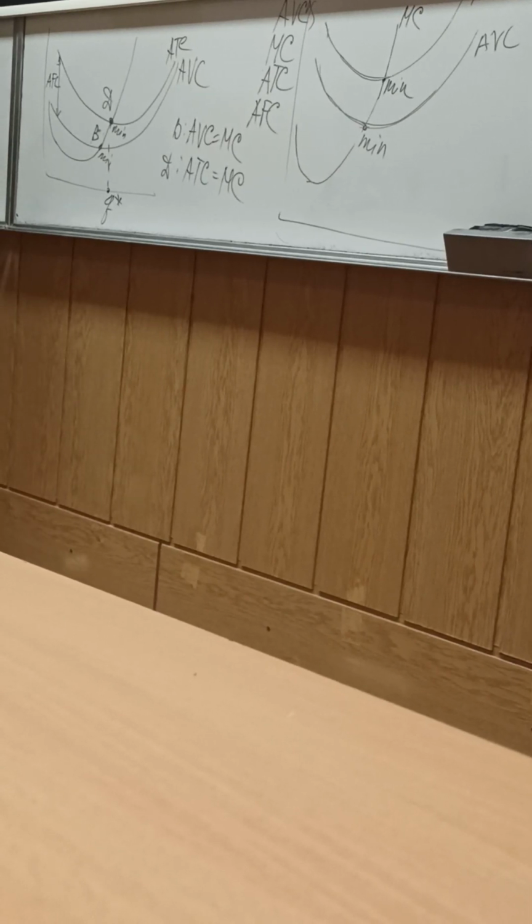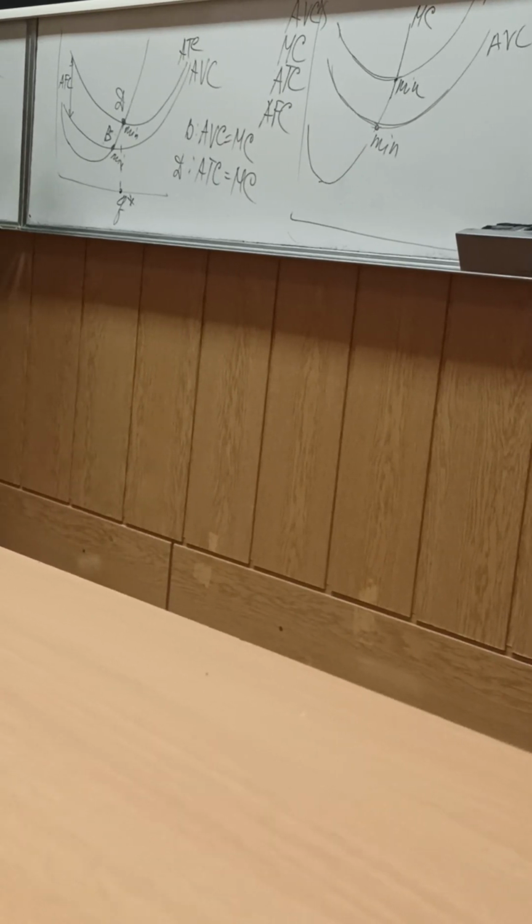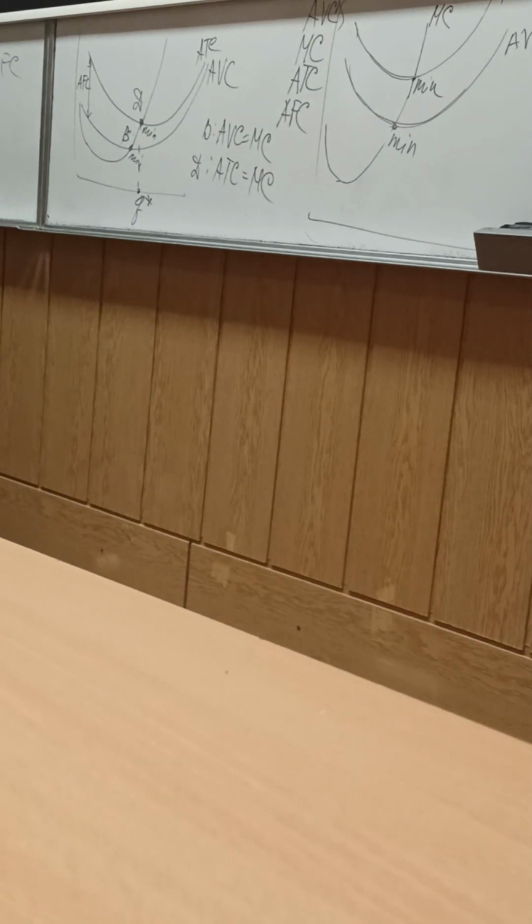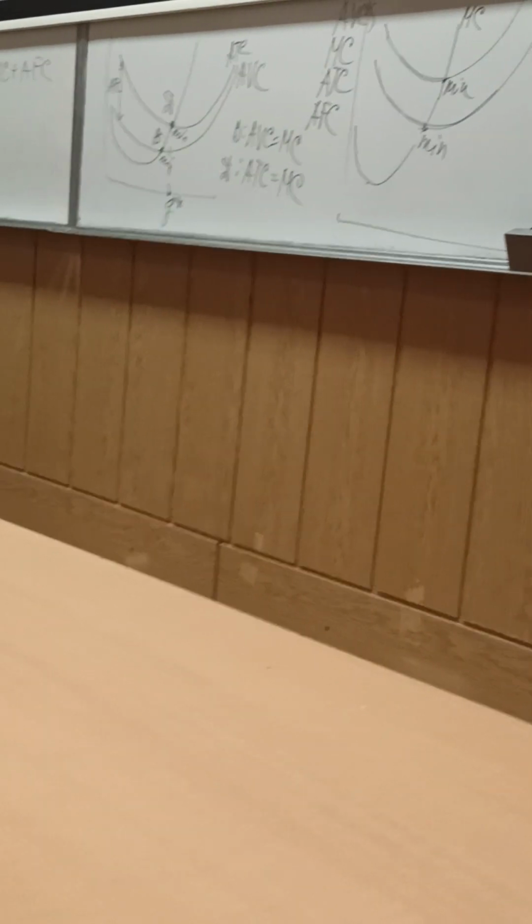We need to compare marginal revenue and marginal cost. Because we need to think not about the cost, we need to think about the profit. And profit means the difference between the revenue and the costs.